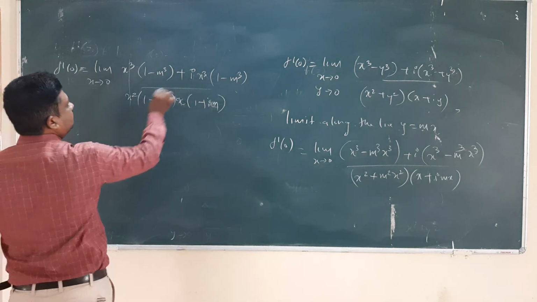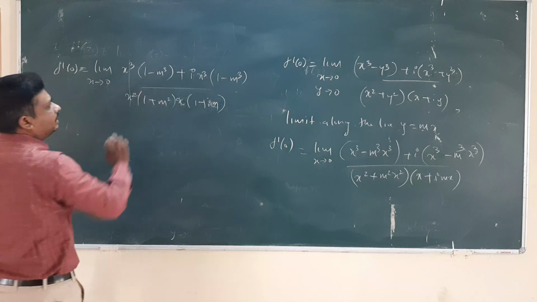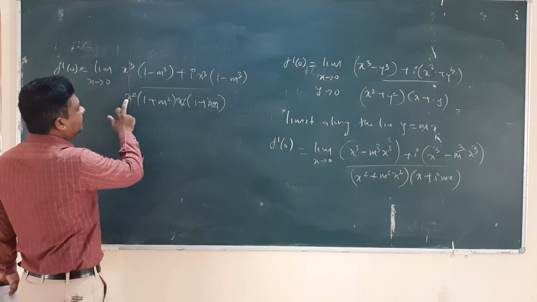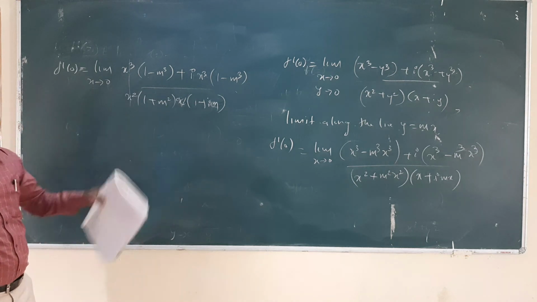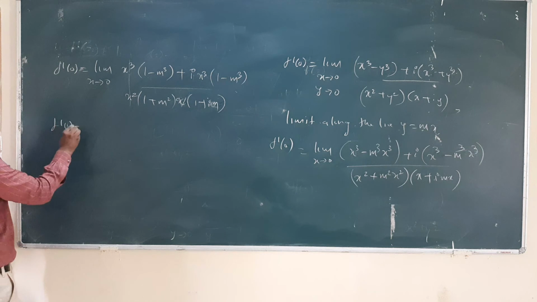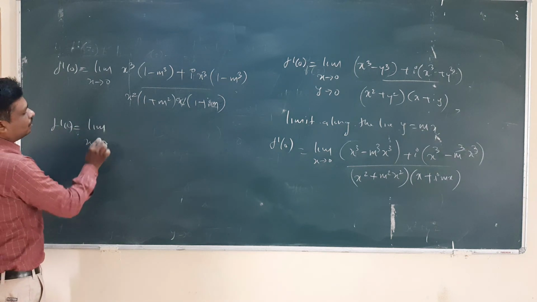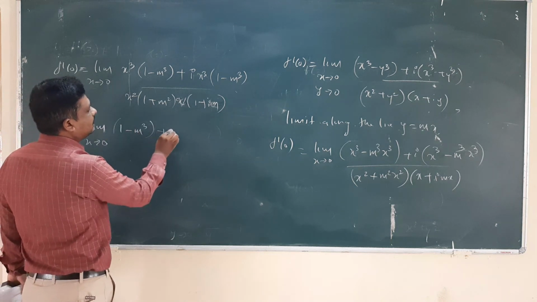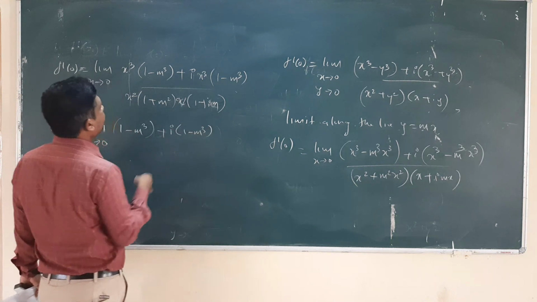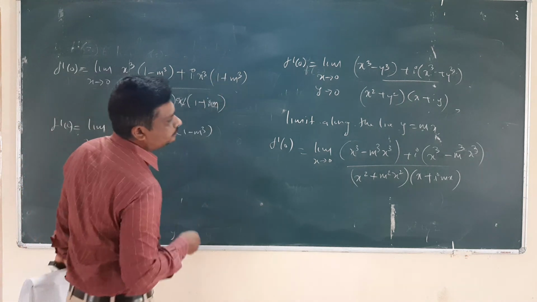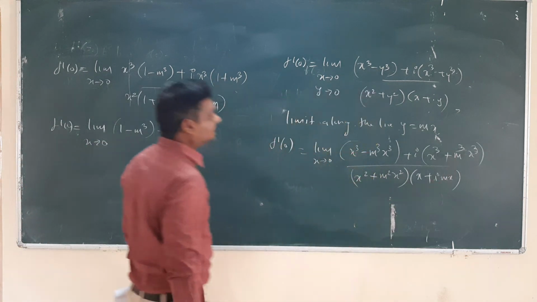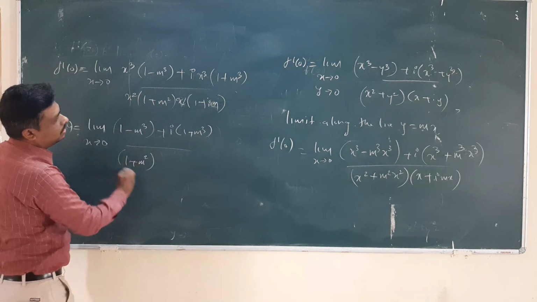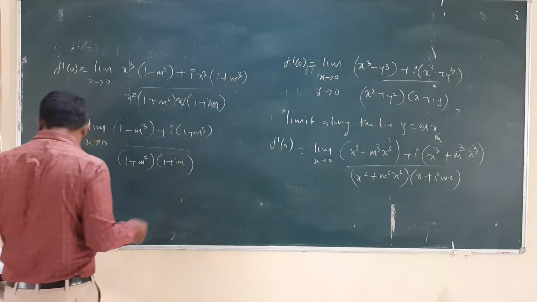So the x cube in the numerator and denominator get cancelled. At the end remaining is limit of x tends to 0, (1 minus m cube) plus i into (1 plus m cube) upon (1 plus m square) into (1 plus i m).